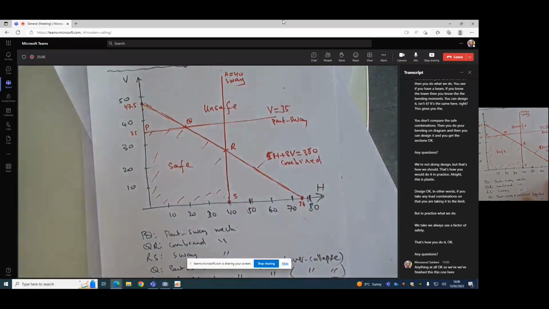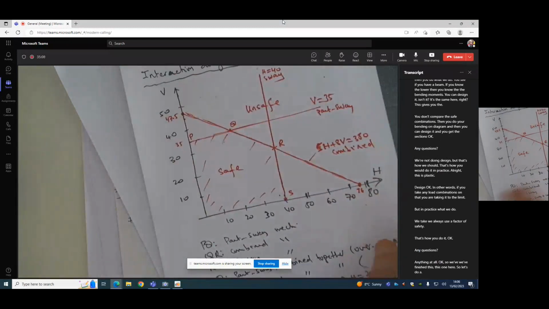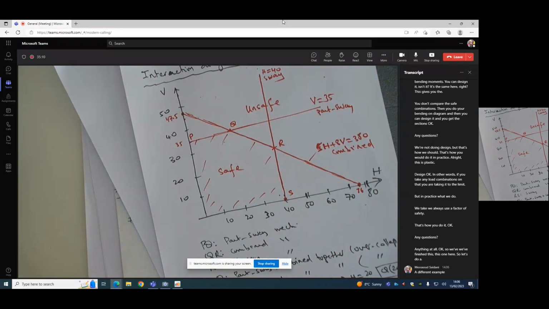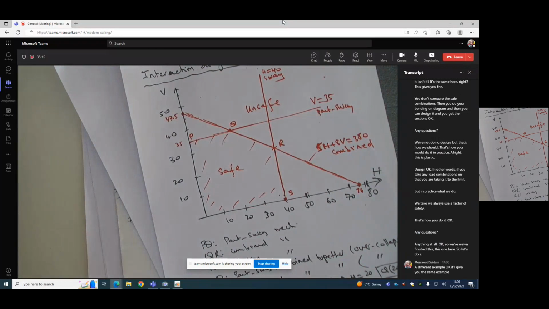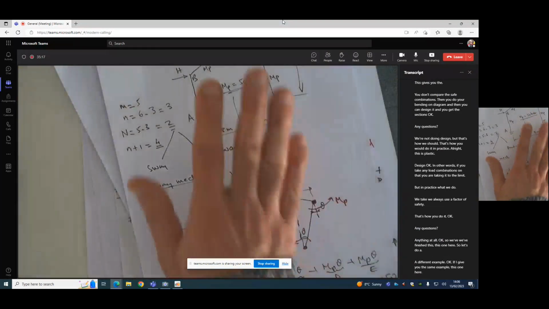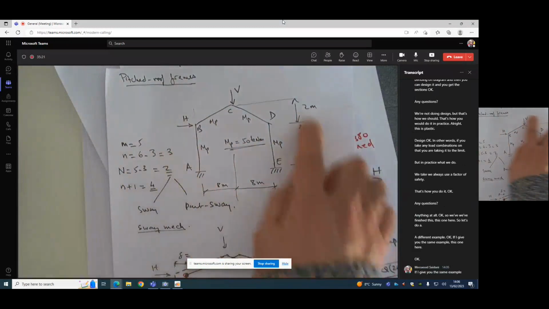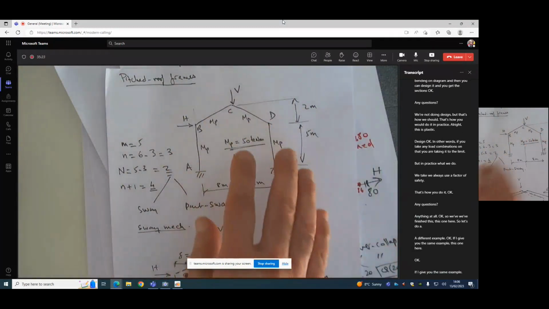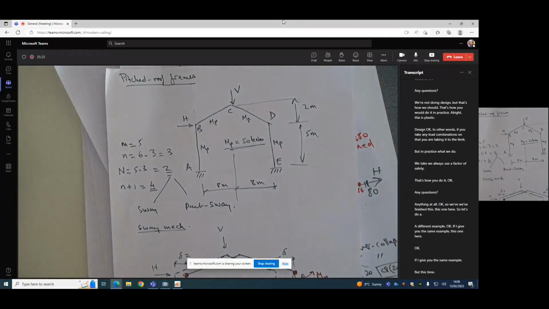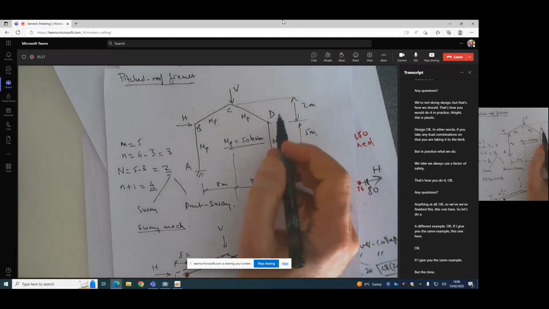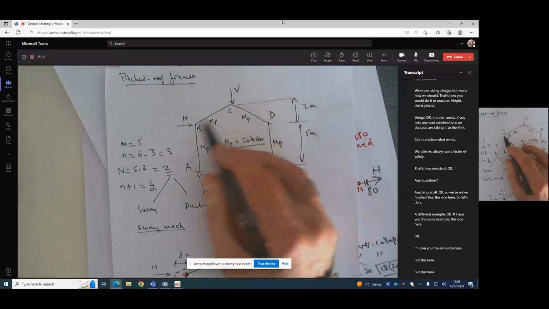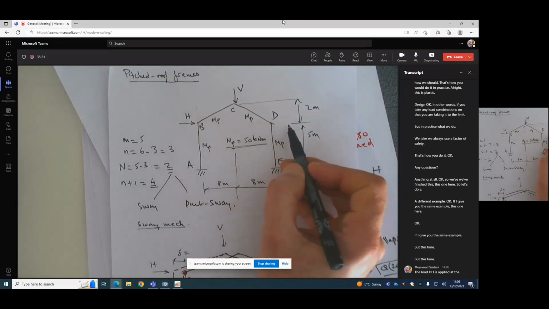So let's do a different example. Okay. If I give you the same example, this one here, but this time the load H is applied at D, at the other side.